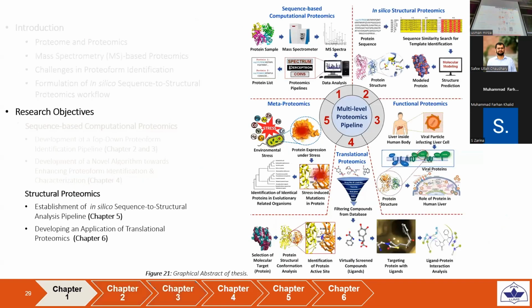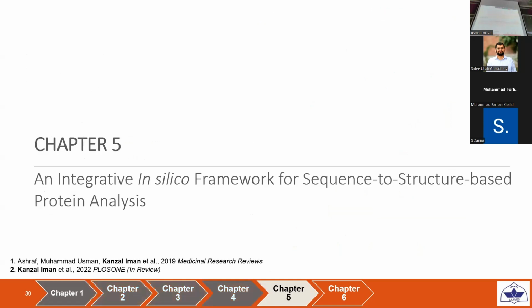Alright, so the tool is available for download at GitHub. Talking about the second research objective, which was structural proteomics. Now that we have developed an open source software and tool for the sequence-based analysis of proteoforms, which alone is not sufficient to identify the function of proteins, we'll have to look into the structure and devise a strategy that helps us understand the relationship between protein sequence and structure in order to find out their functions within the organism.